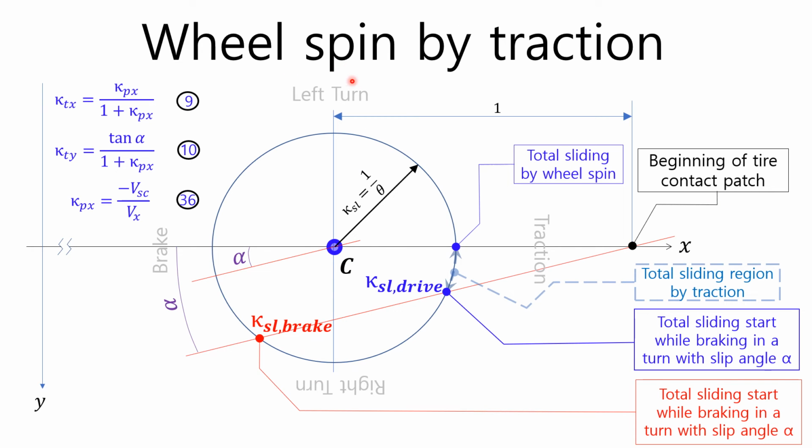In this figure, let's think about the wheel spin by traction. The blue dot where the combined slip circle meets the x-axis in the leading half represents the total sliding where the speed of the wheel center is 0 and the wheel spin occurs.